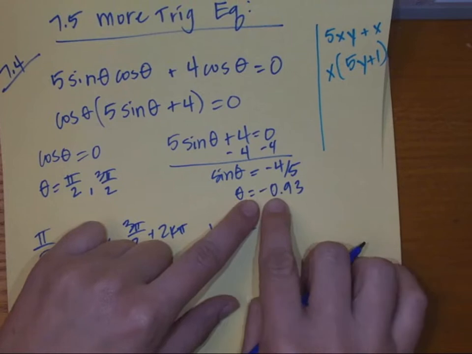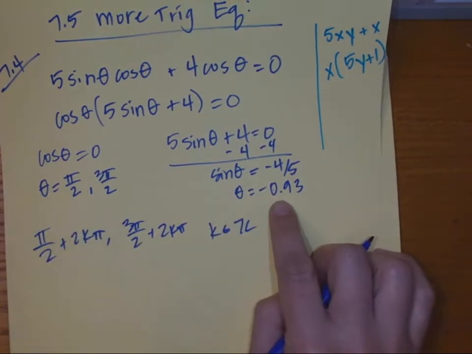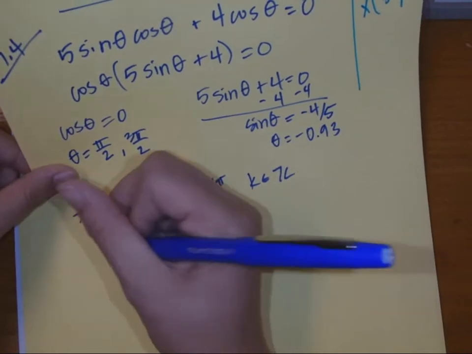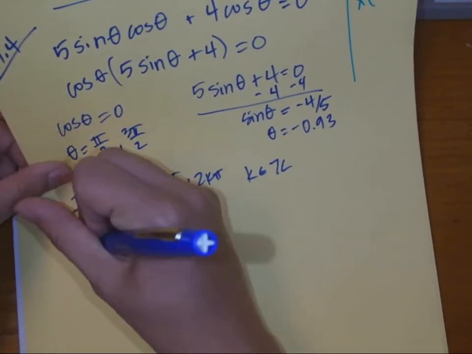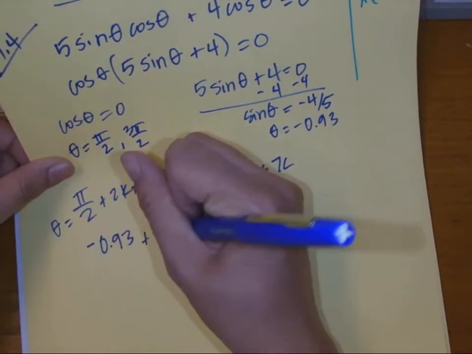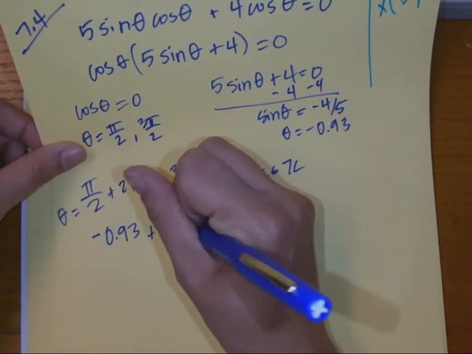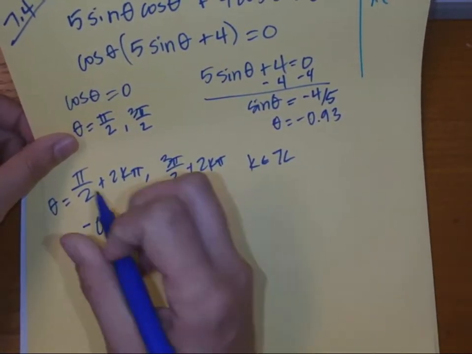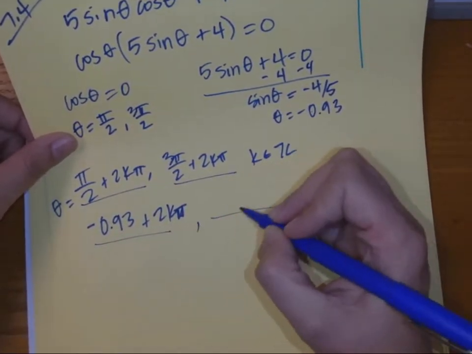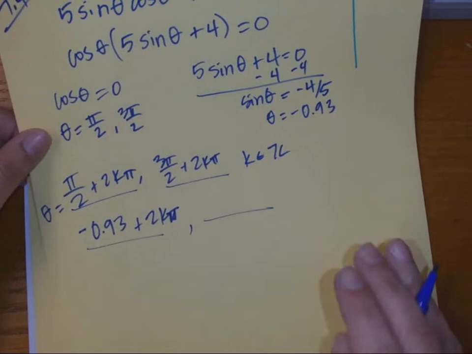I now need to find the other one that's in either quadrant 2 or 3. So this is one of my answers: theta equals negative 0.93 plus 2k pi. I need to find this other answer. I need to find my second set of answers.